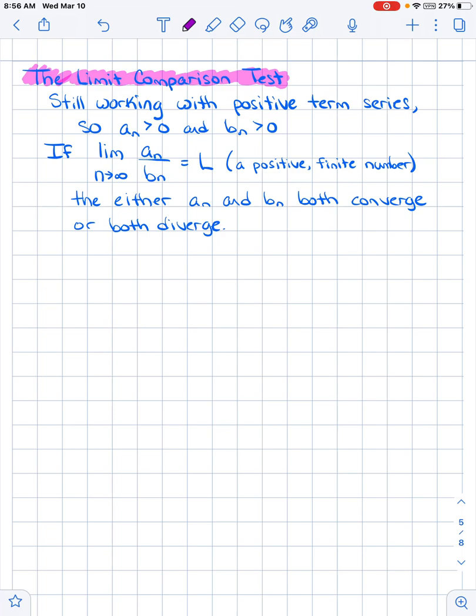If one of them is approaching the x-axis fast enough, the other one will approach the x-axis fast enough also. They only differ by some simple multiple called L. So a sub n and b sub n will both converge or diverge in that situation.